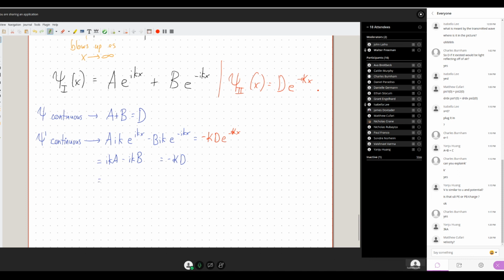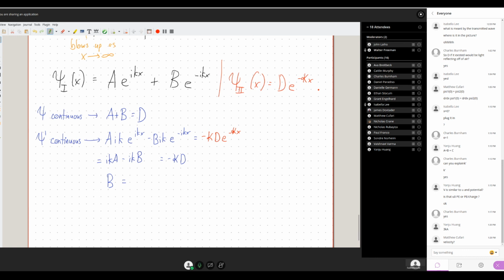So I get B equals, let's see, if I divide through by ik, this is going to give me A plus i kappa over k D. And this is a little bit weird, because this is telling me that I have a reflected wave like I did before, but now its wave number has picked up an imaginary part, which is a little bit peculiar. And we will talk about what that means next time.